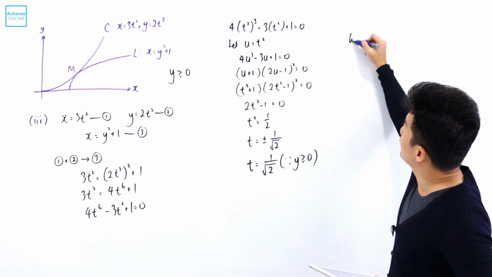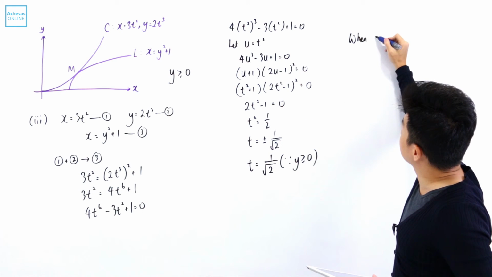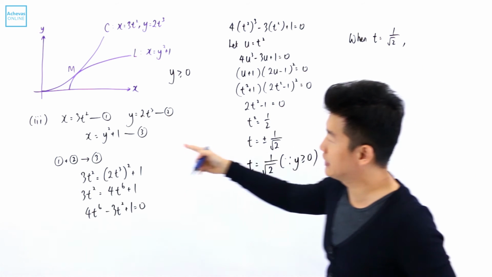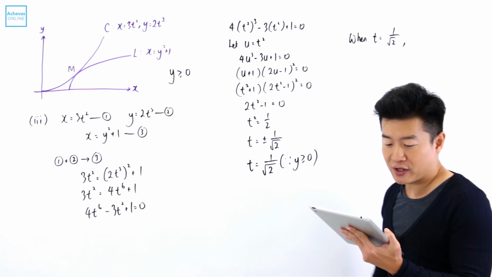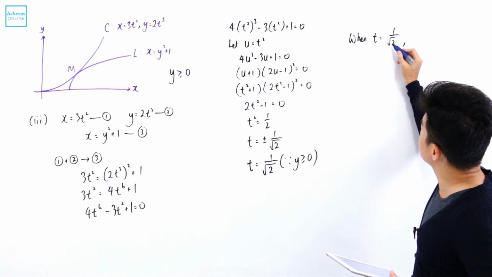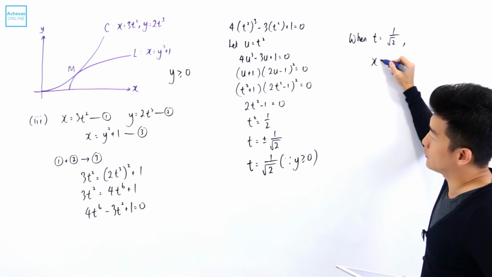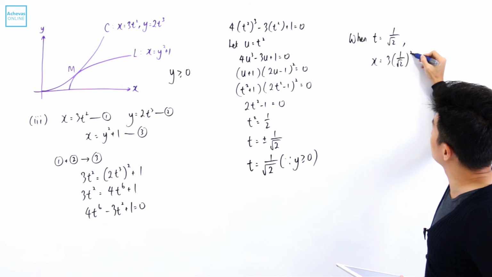To get the exact value of the coordinates of M, I'm going to let t be equal to 1 over square root of 2 and substitute that back into equations number 1 and 2 to get the x and y coordinates at M. Substituting this back into equation number 1, I'll get the x coordinate of M to be 3 multiplied by 1 over square root of 2 squared.